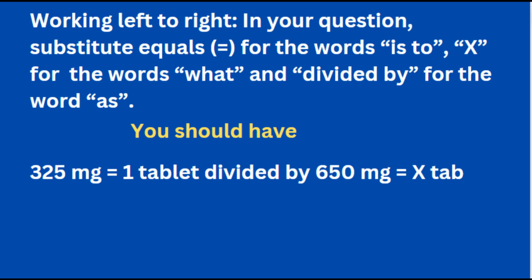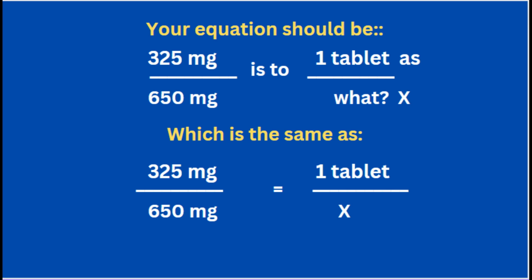Now we have a statement that we can work with. And looking at this problem, we know that we now need to cross multiply. Okay, so what I did here was I fixed it into a mathematical equation that we can work with, using our words and then substituting in the symbols.